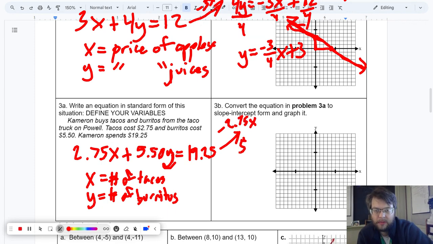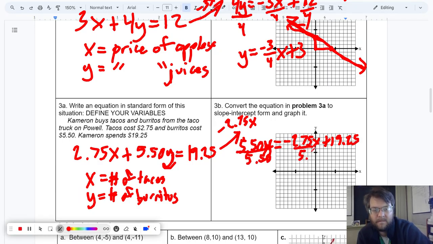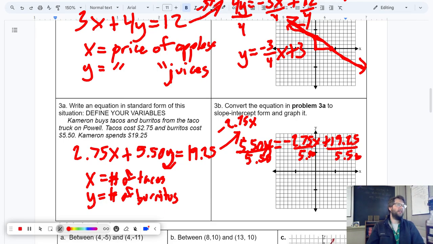Move the x's over. 550y equals negative 275x plus 1925, and then divide everything by 550. Let's see, what is 1925 divided by 550?